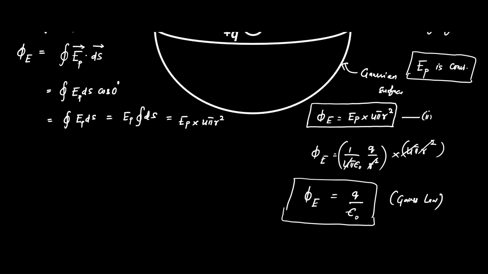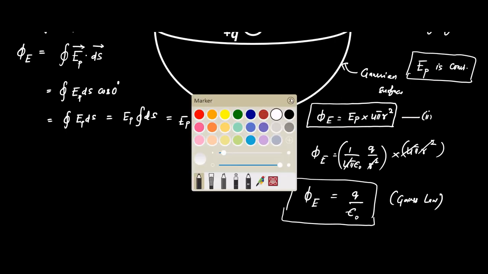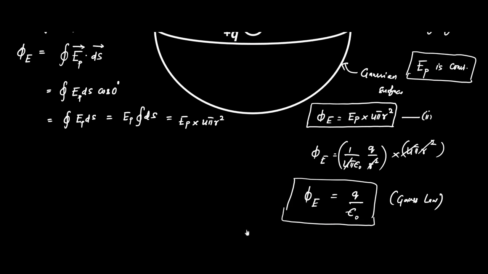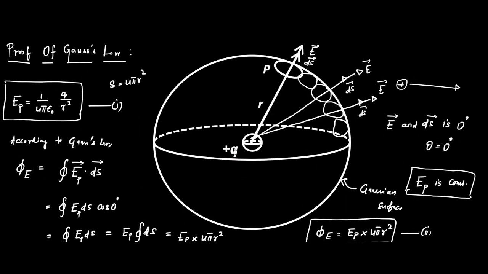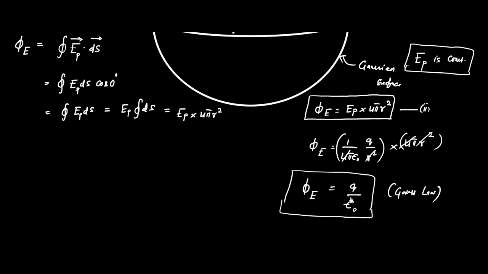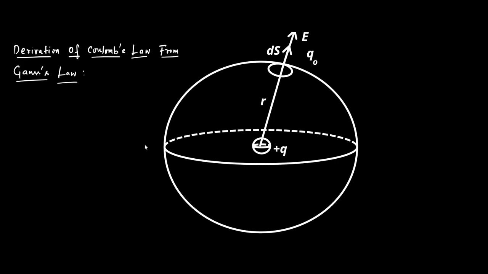Here in this spherical Gaussian surface, the total charge enclosed is Q. There is only one charge. So here we have the electric flux is equal to Q by epsilon 0. So here we'll try to derive Coulomb's law from Gauss law.